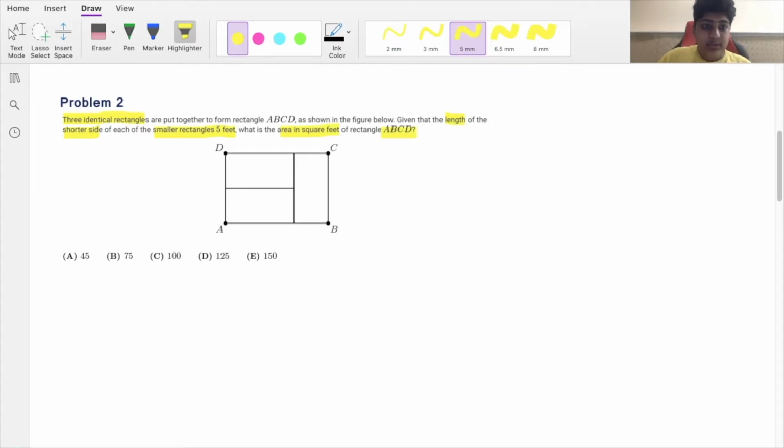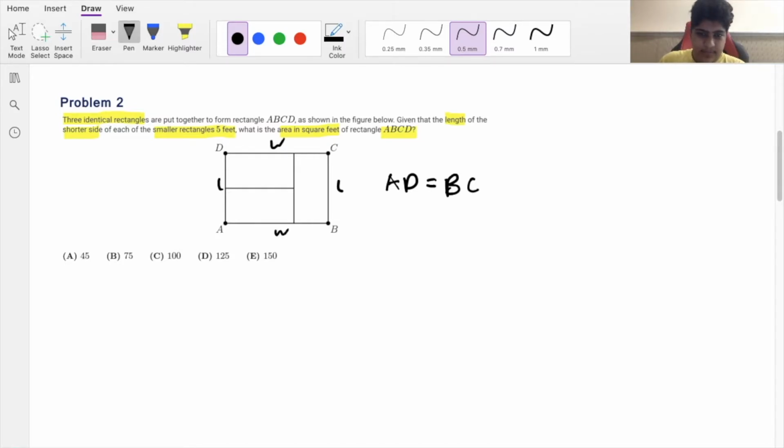Well, this problem might seem pretty hard at first, until you realize that this is a rectangle, which means that these two lengths must be the same. So we have AD is equal to BC, and we also have width and width. So AB equals CD.